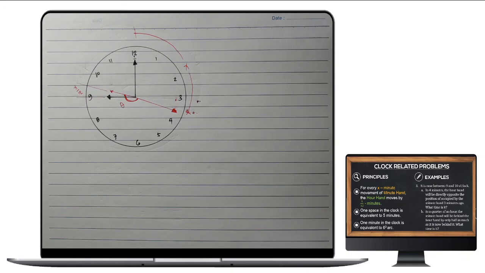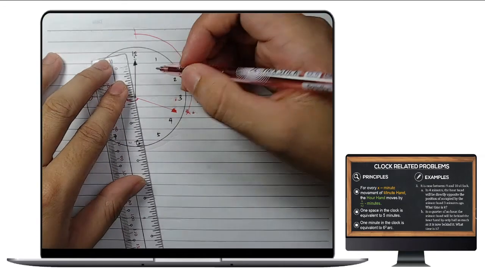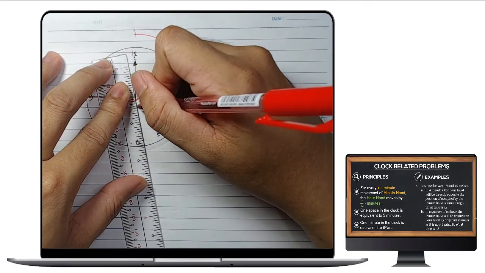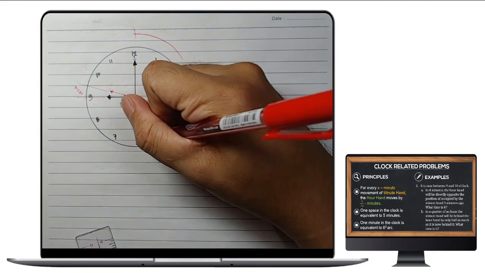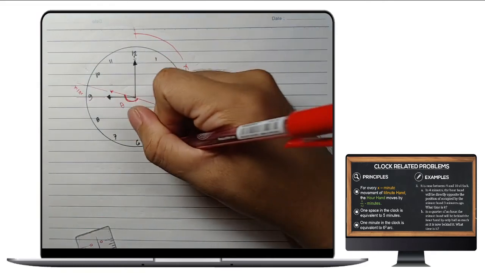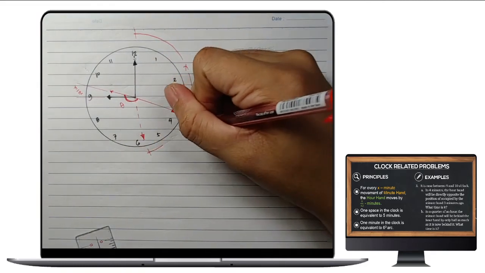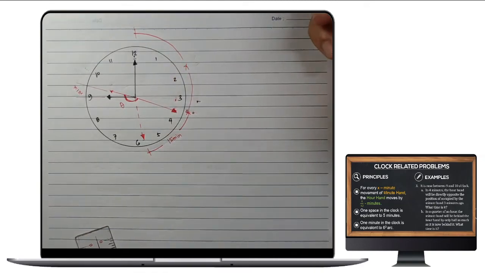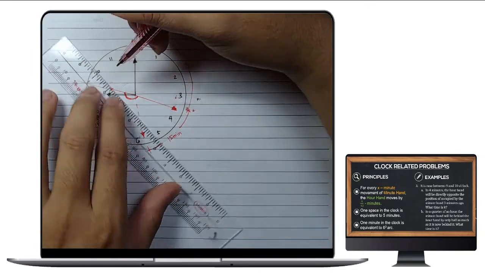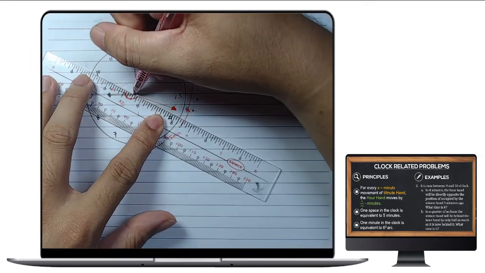So in a quarter of an hour, meaning after another 15 minutes, let's say it moved again up to this point. Let's say this movement here is 15 minutes. So this is another 15 minutes. After another 15 minutes, surely the hour hand will move also.